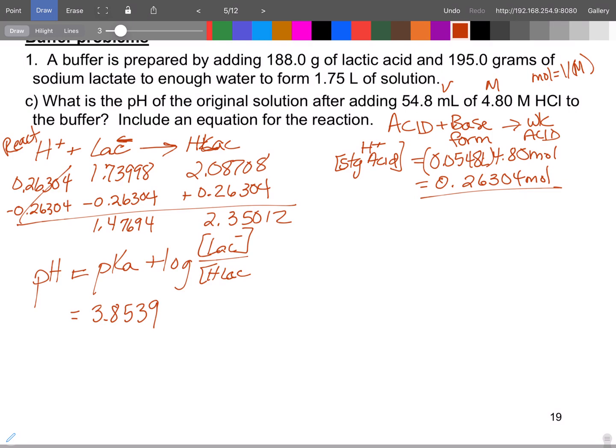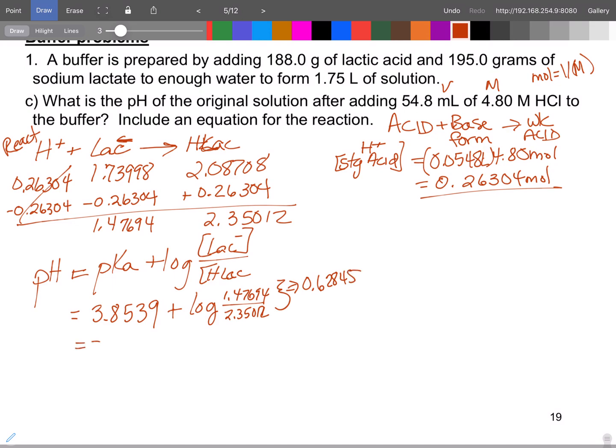And this is a separate problem from B, so we are going to end up with a separate pH. So we've got the log of the lac, which is 1.47694 divided by 2.35012. And again, I like to ratio that, and the ratio is 0.62845.